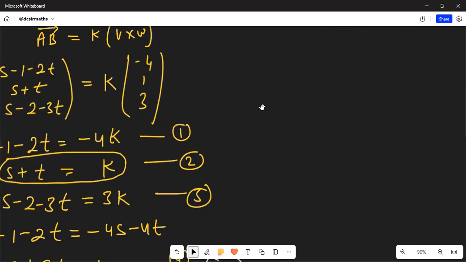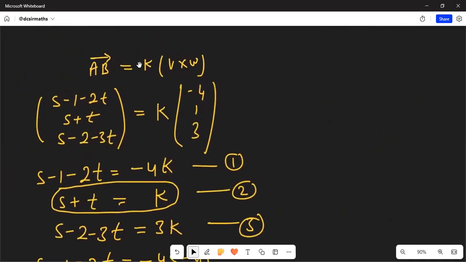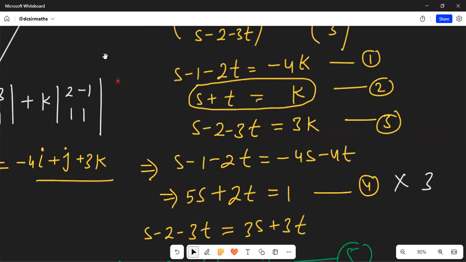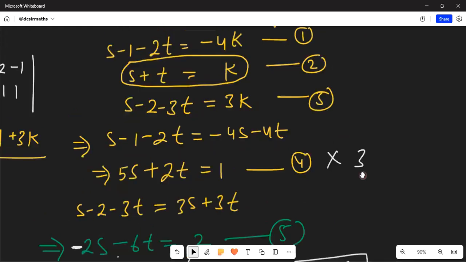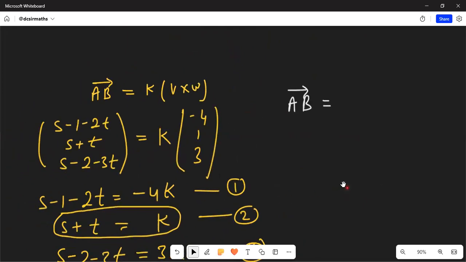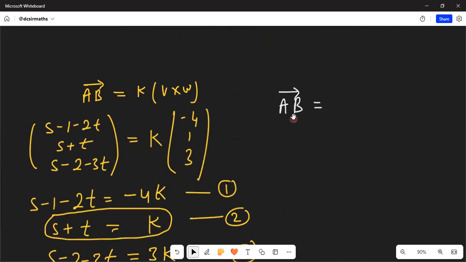Let us find AB, in place of k taking s plus t, where s was 5 by 13. I'll find AB for s equal to 5 by 13 and t equal to negative 6 by 13.